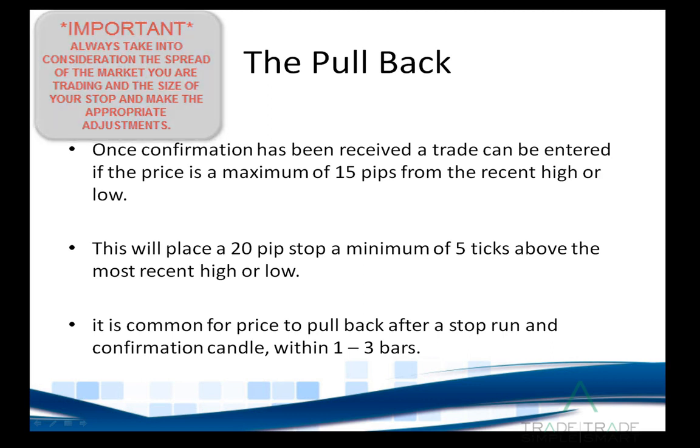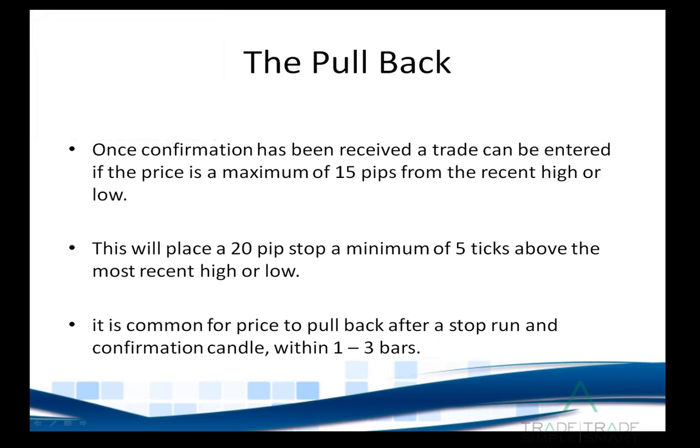Okay, so it's very common for price to pull back after a stop run and confirmation candle within 1 to 3 bars. So once we've seen the stop run of the highs or lows and we have a valid confirmation bar, so we know that the absorption and manipulation of retail orders have taken place, there is generally a pullback within 1 to 3 bars of the confirmation.